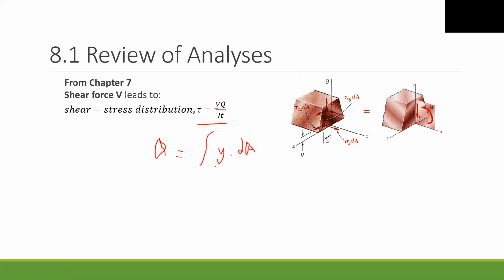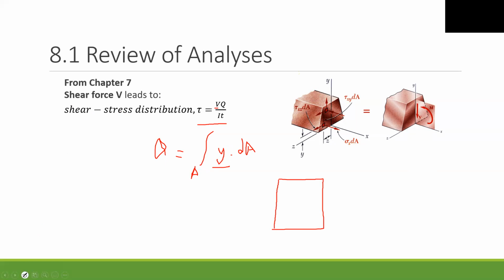It's very close to the moment of inertia formulation, but there is only one y term, not y squared. Integration seems complicated, but if you have a rectangular surface, the calculation of Q is a little bit simple.